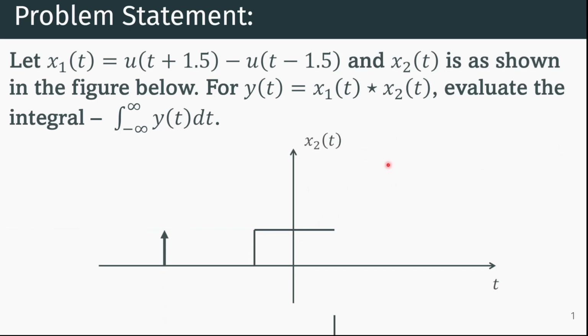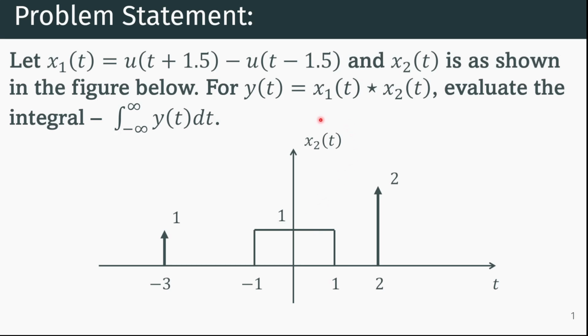Signal x2 of t has two Dirac delta functions, at -3 and +2. The Dirac delta at -3 has an area of 1 unit, and the Dirac delta at 2 has an area of 2 units. And we have a rectangular function from -1 to +1 with an amplitude of 1.